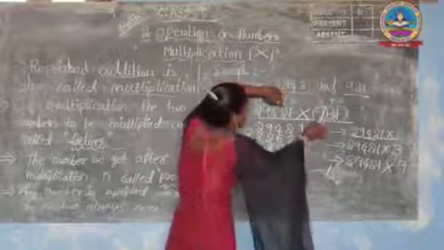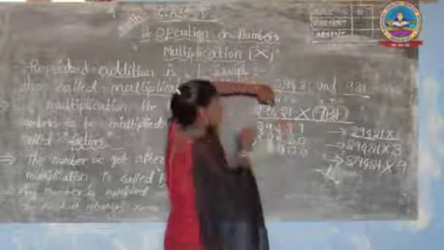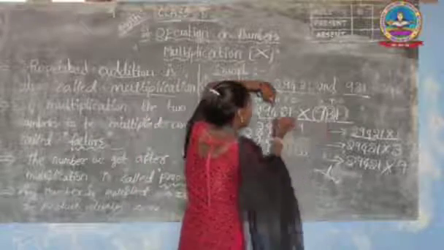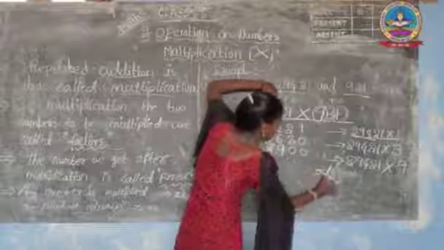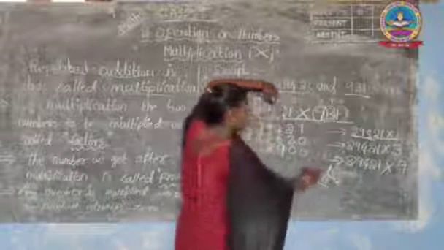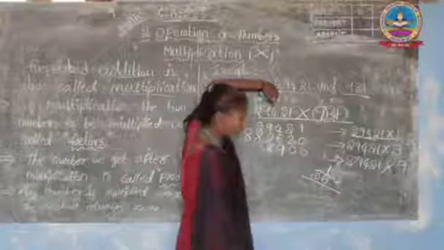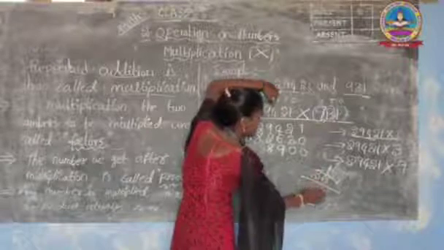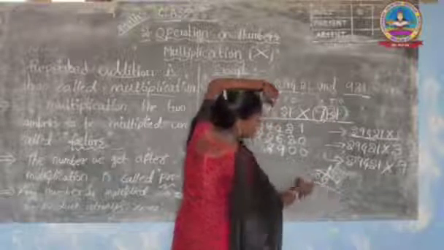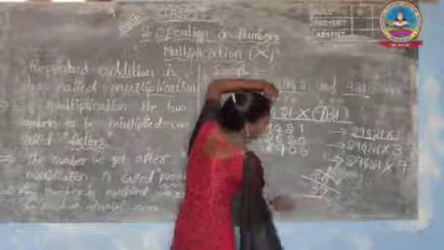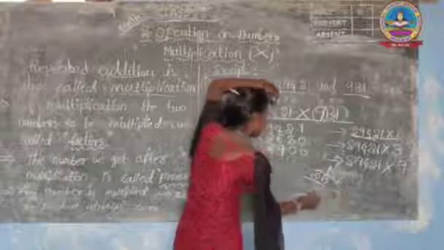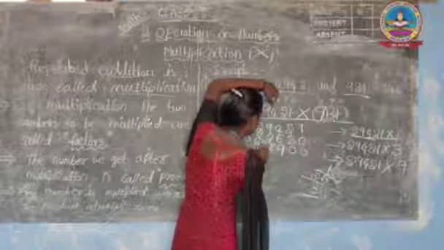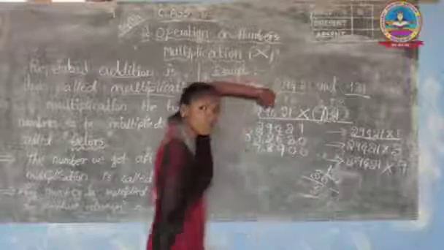Now let's multiply 9 with 4. 9 fours are 36. Let's add the 1 which is left. 36 plus 1 is 37. So here we write 7 in the ten-thousands place. 3 is left.